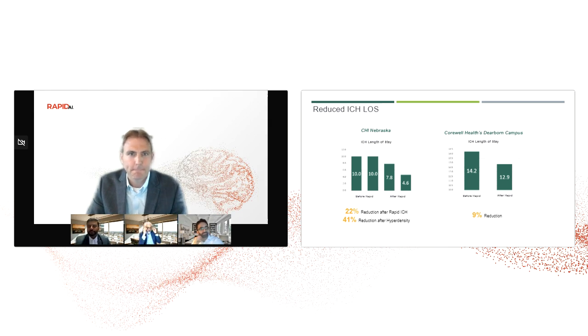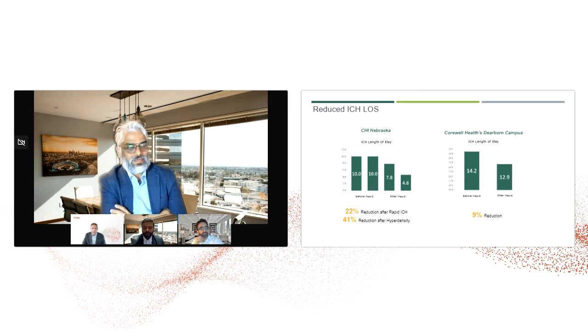So, when we looked at the data the first time when we published this in our Green Journal, one of our residents was interested in this. The issue here is that I cannot attribute length of stay solely to detection or a detection module.